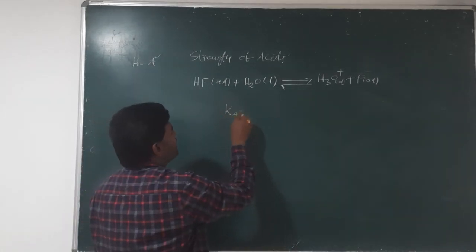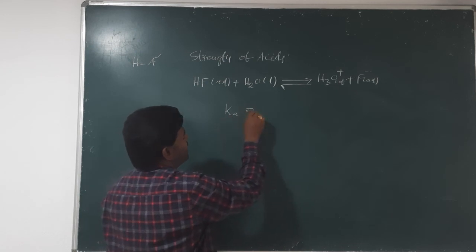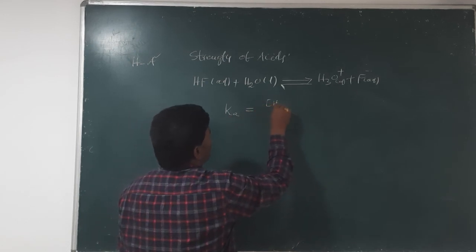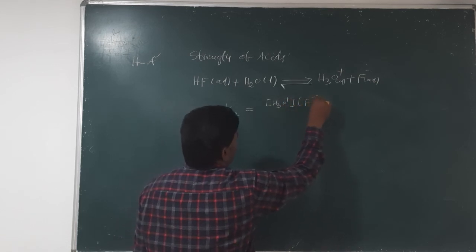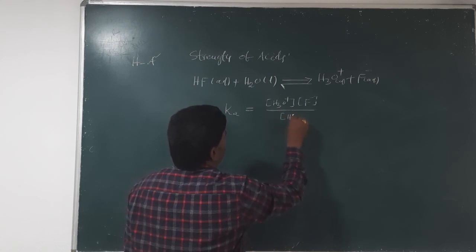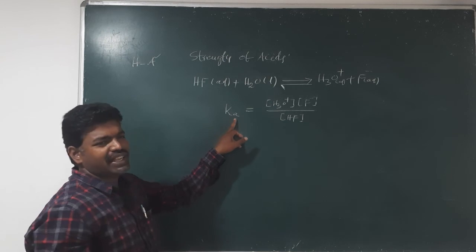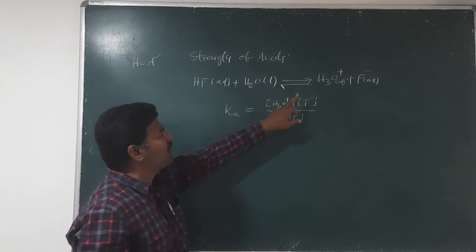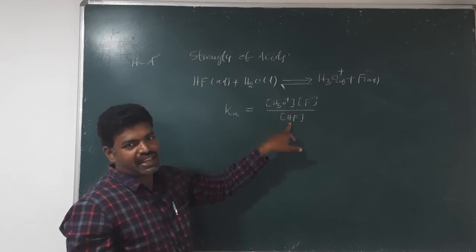Ka can be written as concentration of H3O plus into concentration of F minus by concentration of HF. So the acidity constant is nothing but a ratio of concentration of products by concentration of reactant.